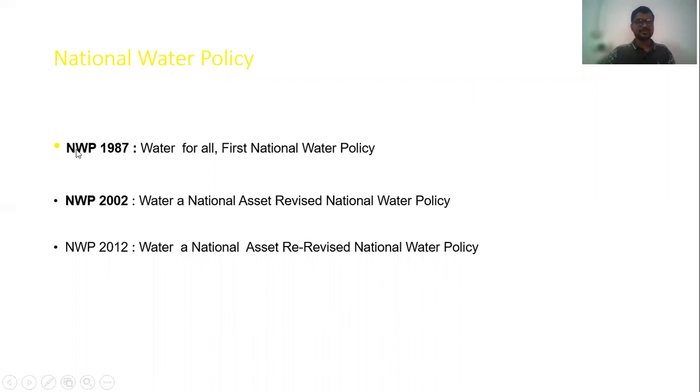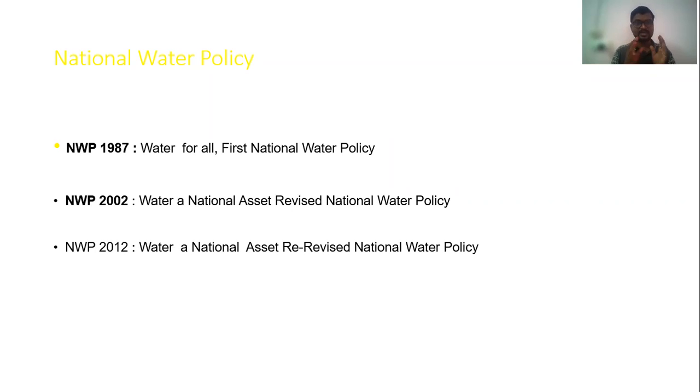The first national water policy came in 1987, where the main motto was water for all. त्या पॉलिसीची मेन पॉलिसी काय होती, water for all. And this was the first national water policy, in 1987. Second was in 2002.